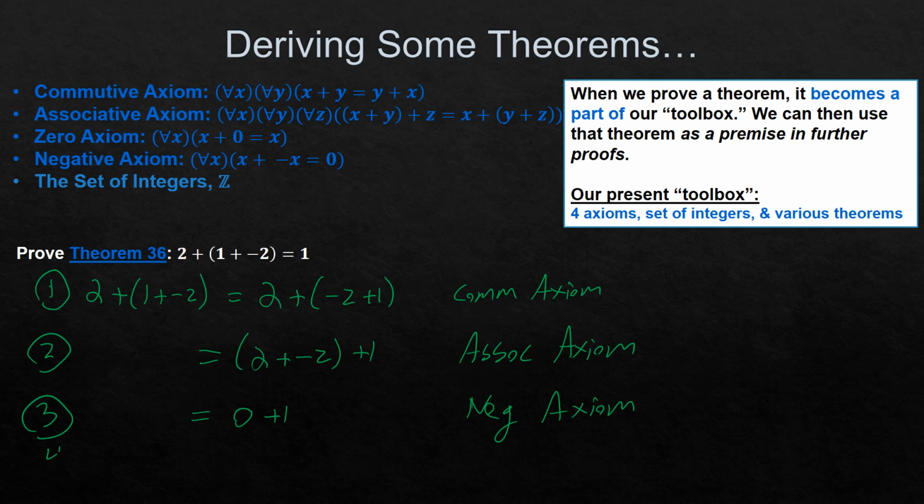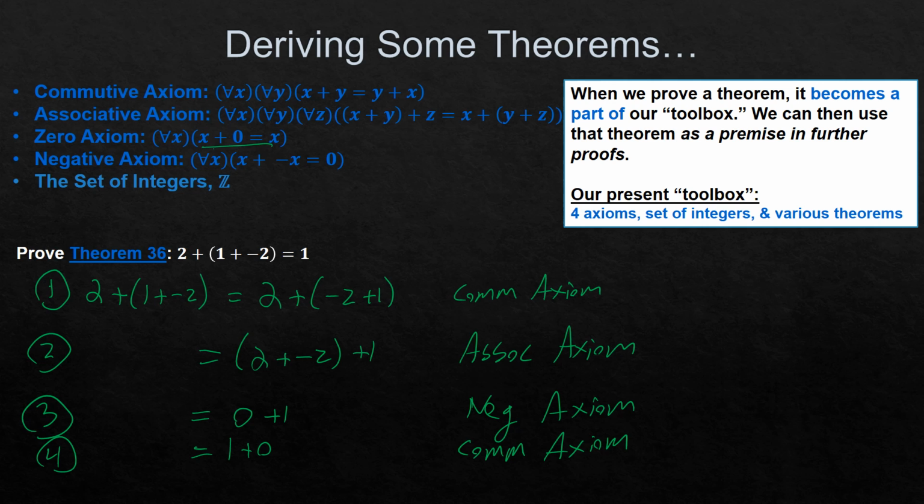Then for 4, well, we can't just say 0 plus 1 is equal to 1 because technically the 0 axiom is x plus 0 is equal to x. Okay, so we'll have to use a commutative axiom before the 0 axiom. So for line 4, we can get 1 plus 0 via the commutative axiom.